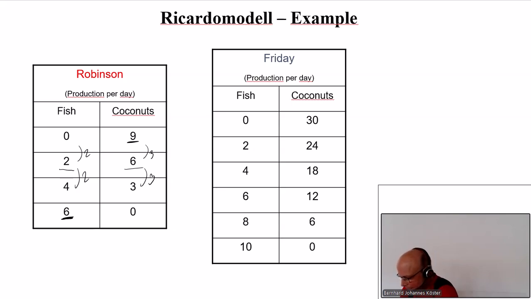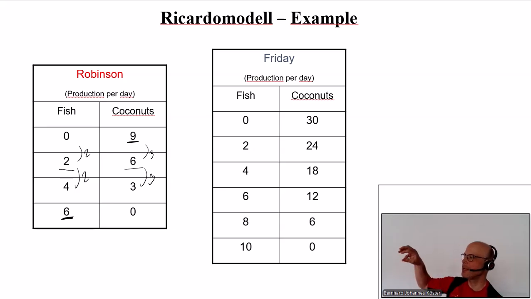Well, and now this is different to the other example I gave you, because if you look at the example of UK and Portugal, there you see that the absolute advantage coincided with the comparative advantage. So the incentive for trade, we could argue also over the argumentation of absolute advantage.